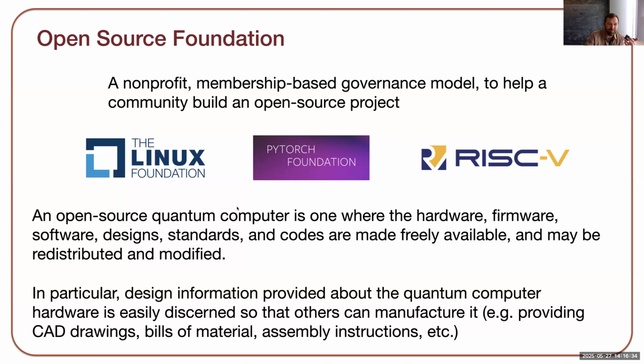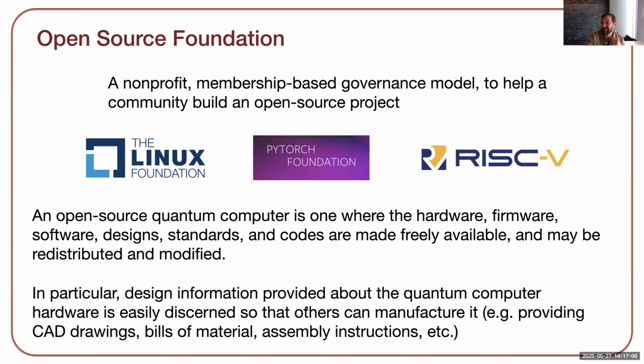So an open source quantum computer is one which, along this spirit, I would say, is where we open source the hardware, firmware, designs of the hardware, the standards, the procedures by which the thing's assembled, all of the codes that underlie everything in the stack, freely under some license, but freely, and we can talk about licenses, which allow it to be redistributed and modified. That's kind of a standard open source, I think, definition.